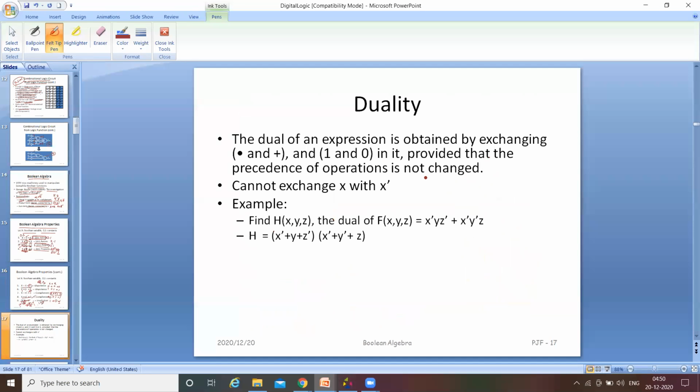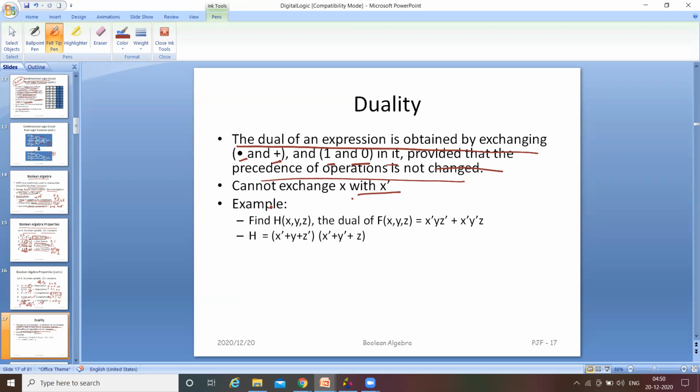And the duality principle. In the duality principle, the dual expression is obtained by exchanging dot with plus, 0 with 1 and 1 with 0 in it, provided that the precedence order is not changed, and we cannot change x with x prime.